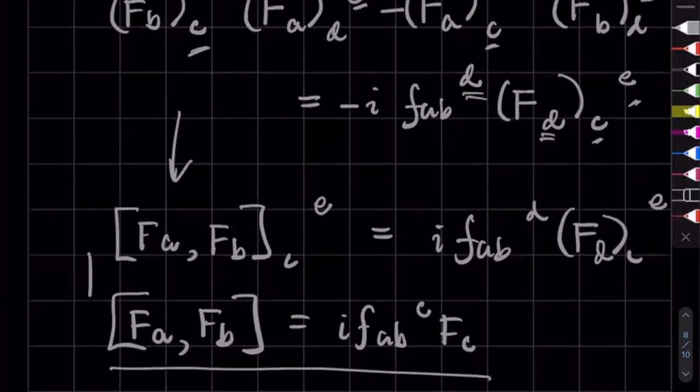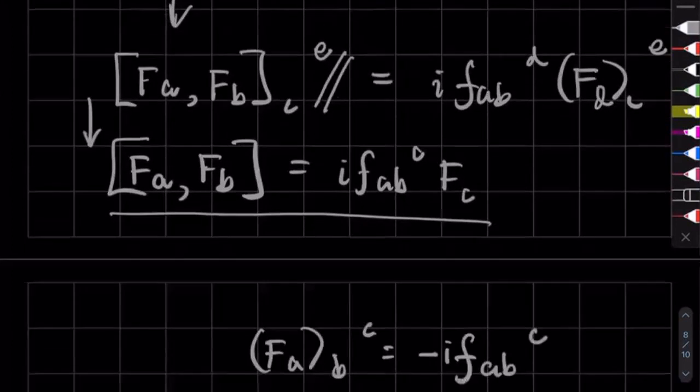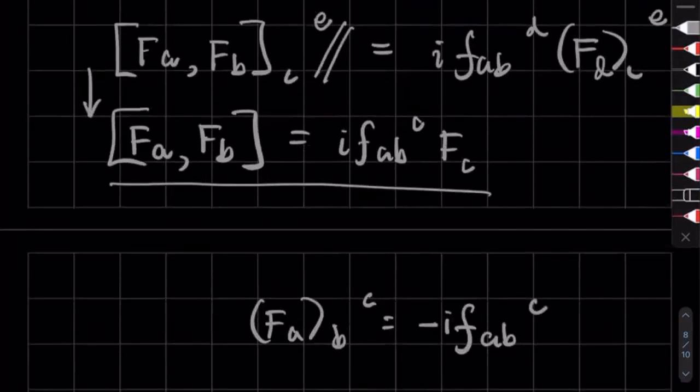And then coming here, we are just suppressing these indices. Okay? Yeah, makes sense. Yeah, you can call this D as well, but since it's summed over, it's a dummy index, so I can call it whatever. Okay, any questions?